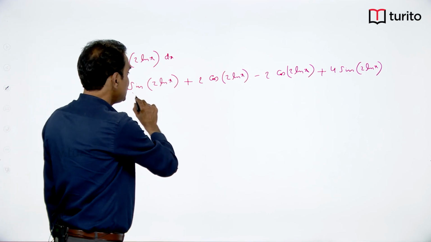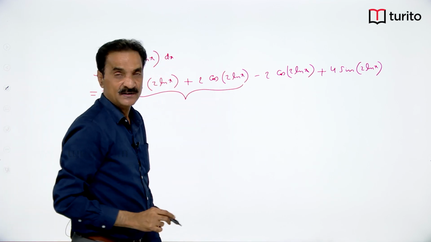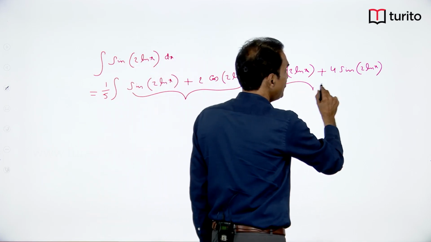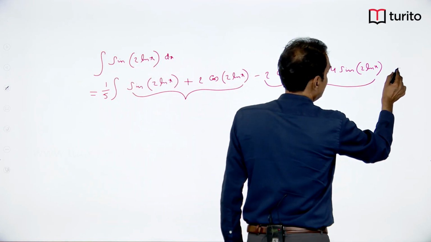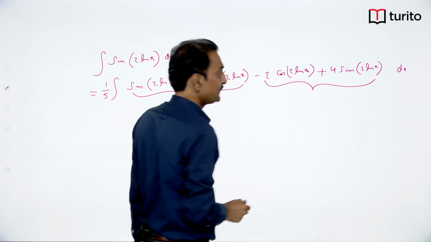Now, this plus this is f of ln x plus f dash ln x, into dx.